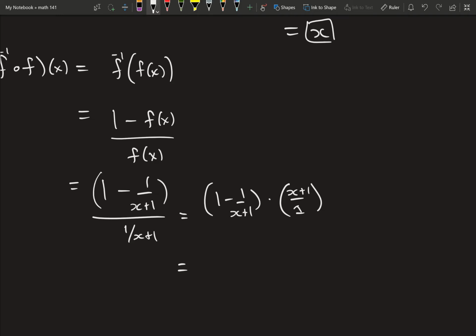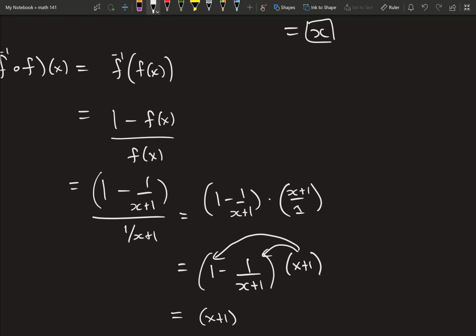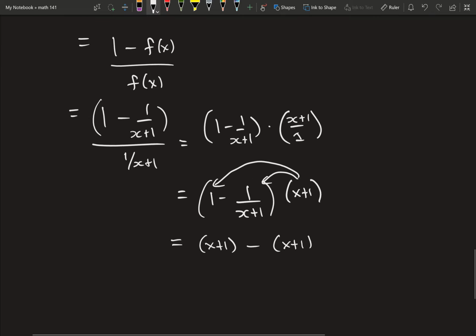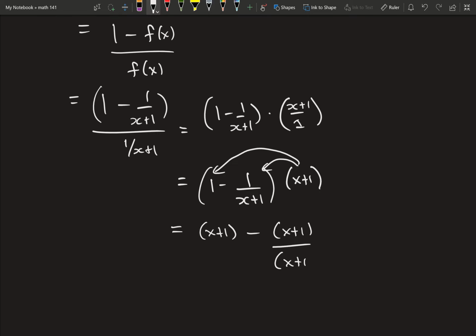So we have 1 minus 1 over x plus 1 times the quantity x plus 1 over 1. So this becomes 1 minus 1 over x plus 1 times x plus 1. And now we distribute this term by term. This is x plus 1, when you distribute there, minus x plus 1 divided by x plus 1. Well, this cancels to give us a 1.